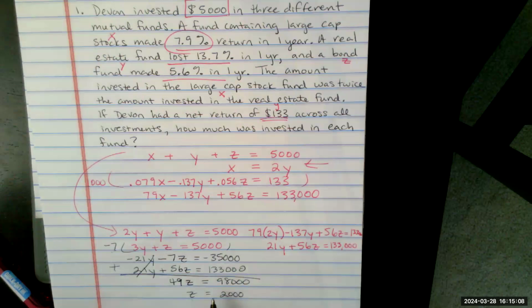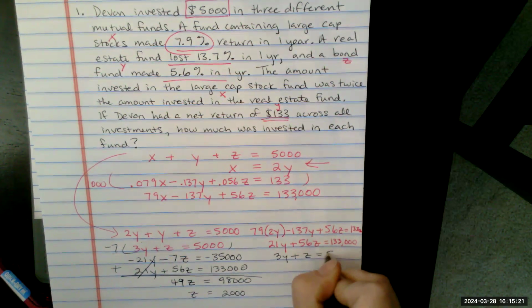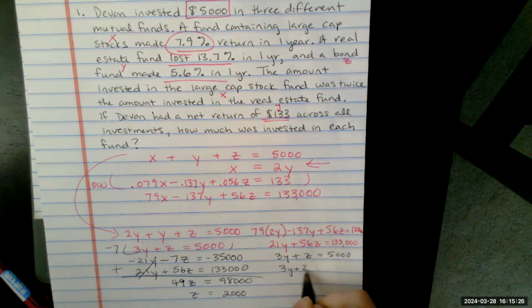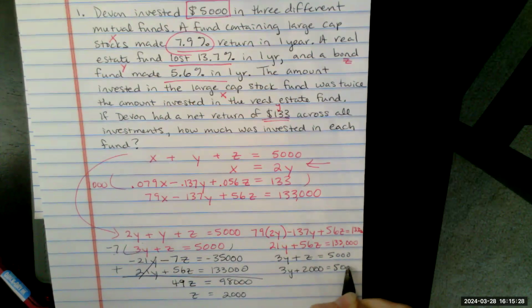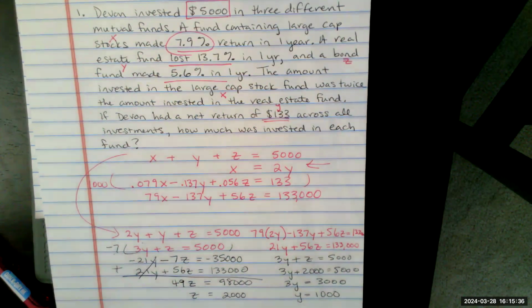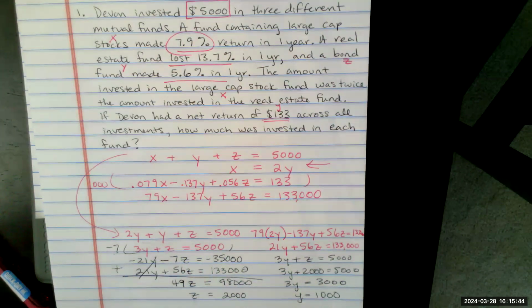So now I can go back into one of my equations when I only had the two variables. So the 3y plus z equals 5,000 is a nice place to just go plug that 2,000 in. So I'm going to subtract the 2,000 and divide by 3. So that means I put 1,000 in the second fund, which was the real estate fund.